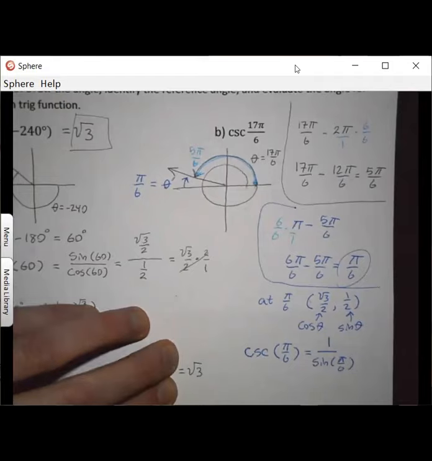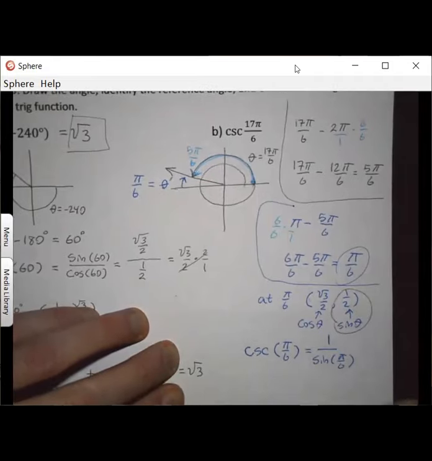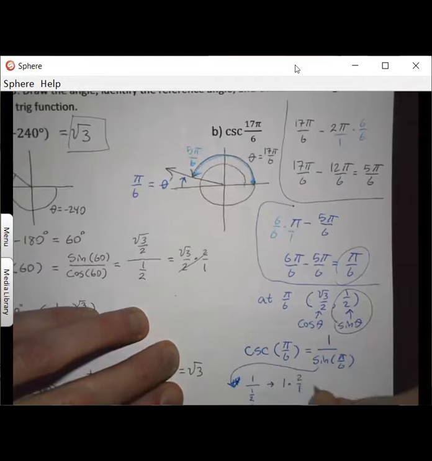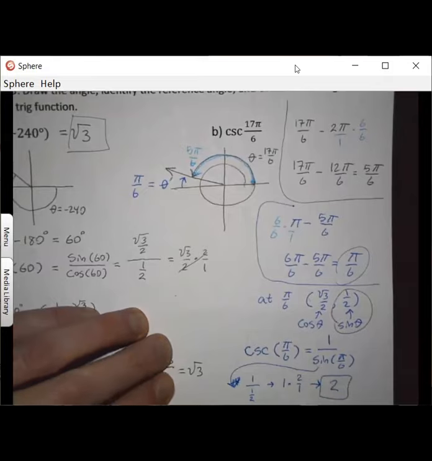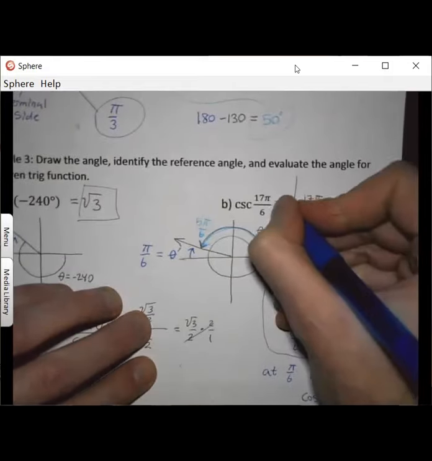And the sine of pi over 6 is 1/2. So let me draw this right here. 1 over 1/2. 1 times the reciprocal, 2 over 1, which is 2. So the cosecant of 17 pi over 6 is 2.